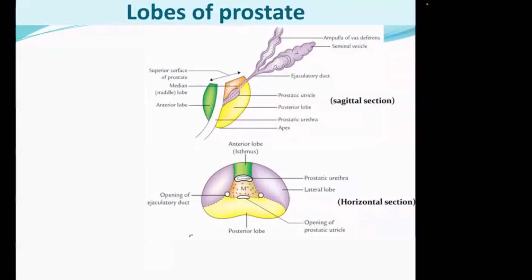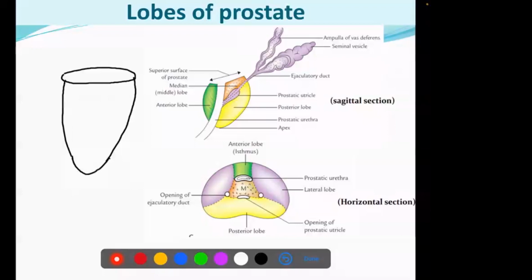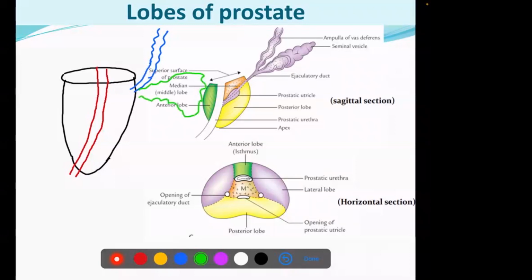Anatomically, the prostate is divided into 5 lobes. This is the prostate. The prostate contains the prostatic urethra, which lies slightly anteriorly, not exactly at the middle part. And one more thing, the vas deferens and the seminal vesicle join to form a duct known as the ejaculatory duct.